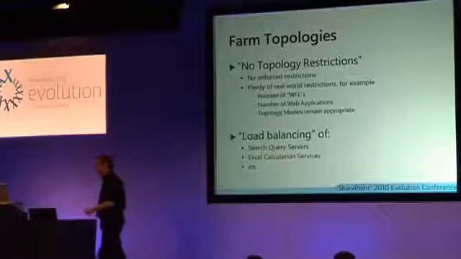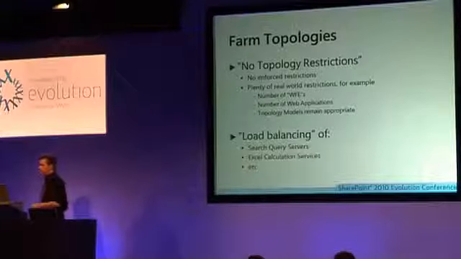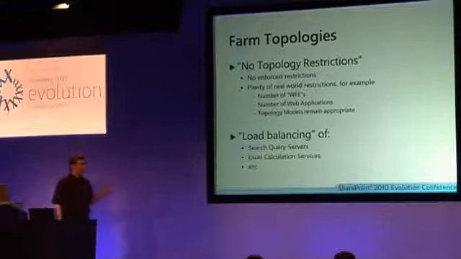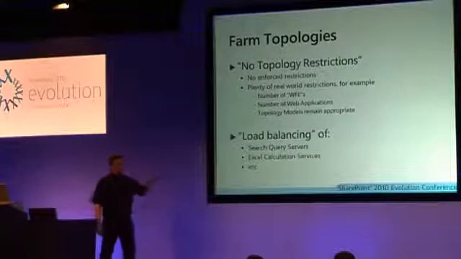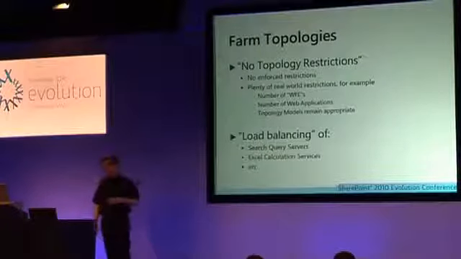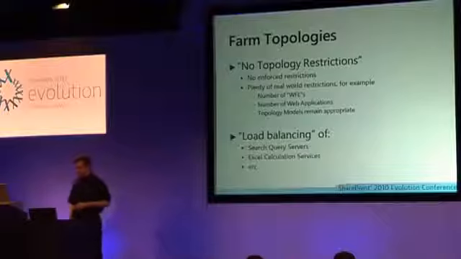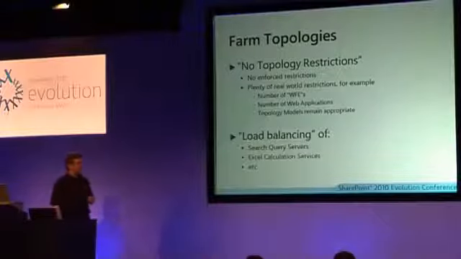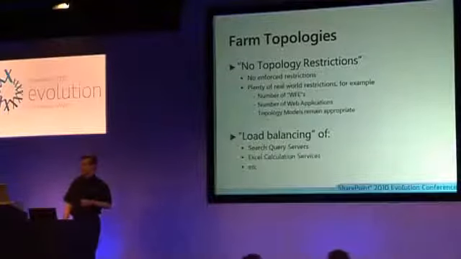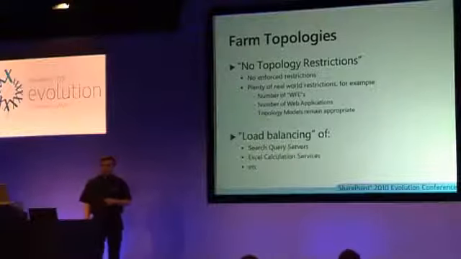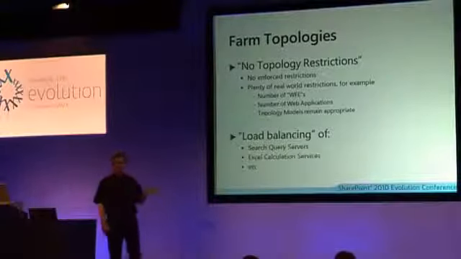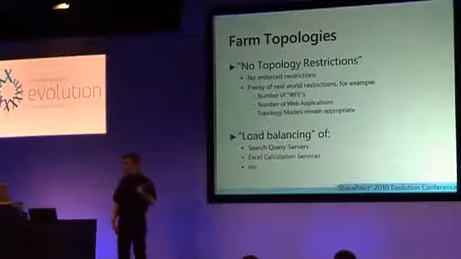Now the service dictates how it does load balancing, and the examples here are deliberate. Our search query is fairly straightforward. It's going to send it to the same machine if it's installed on the web front end. Otherwise, it's going to do it in a round-robin fashion. Excel Services is different.